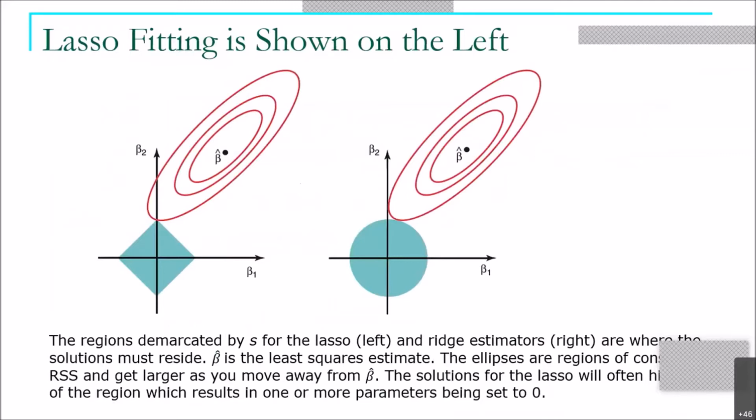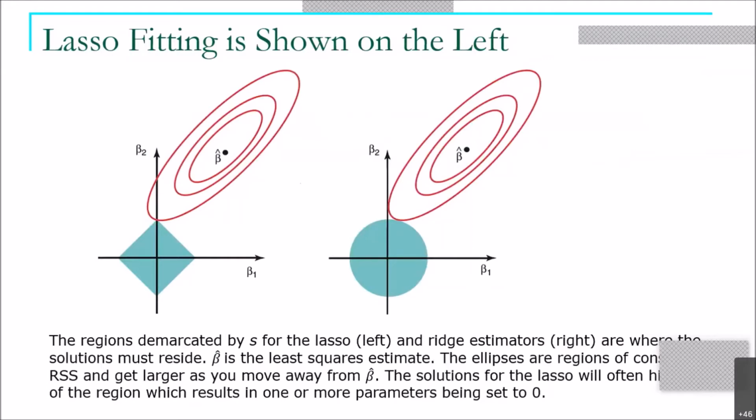So on the right is more of a standard way of thinking, and this is the way I tend to think, which is that you're trying to minimize your residual sum of squares, and equal valued RSS curves are shown in red. Those are the ellipses. So think of Laplace's model of the solar system.